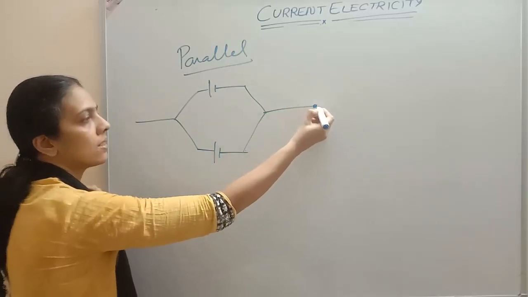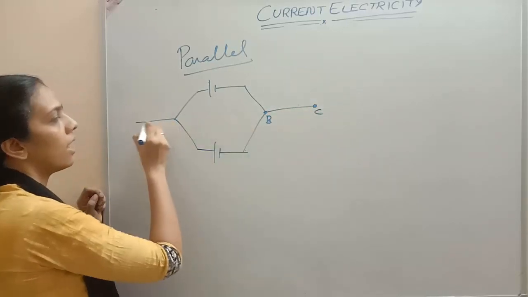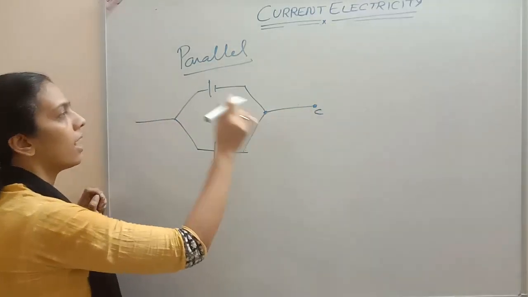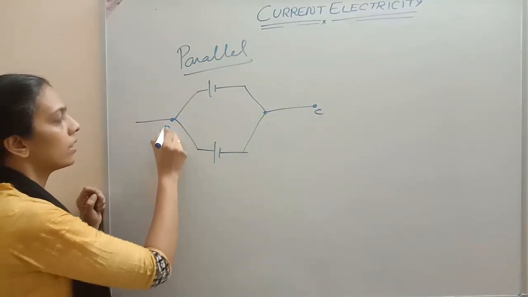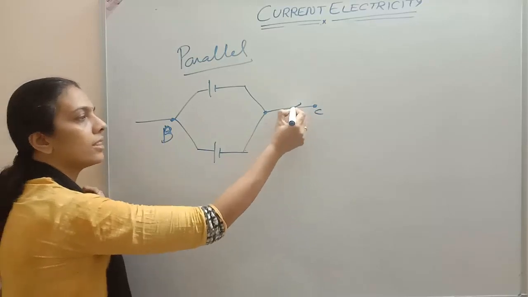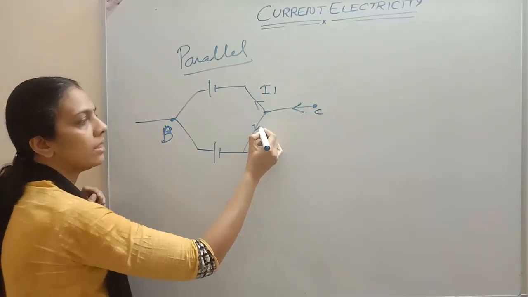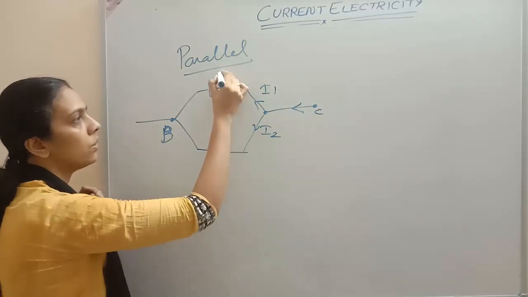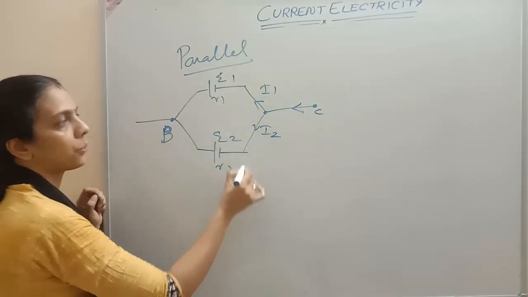This is C, this is B, and C, and this is B. The current is moving in this manner. Here it is dividing. So this is I1 and this is I2. This is E1, R1, E2, R2.